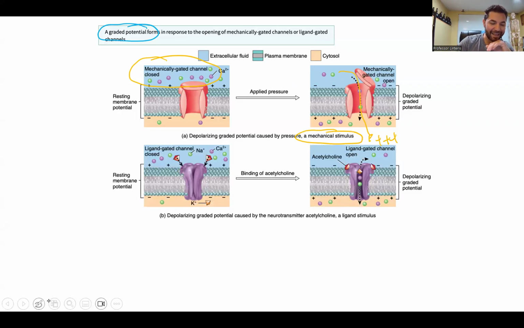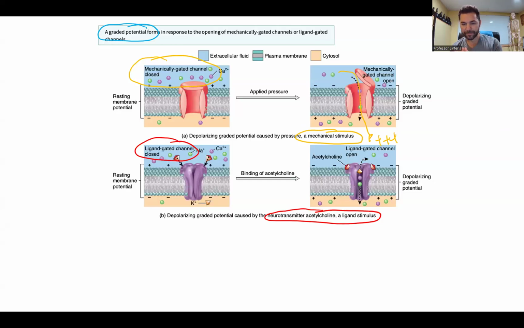A ligand gated channel, and again, these are just different channels that allow for graded potentials to depolarize a neuron. A ligand gated channel opens in response to usually a chemical, aka a ligand.